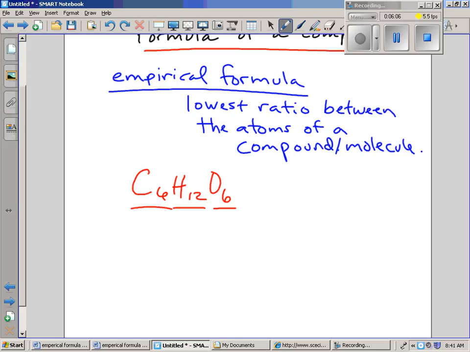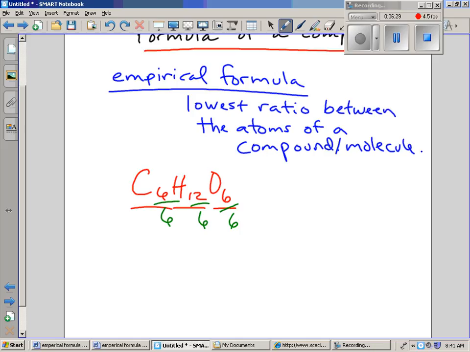Well, what I'm going to tell you is, is this the empirical formula for that molecule? Is that my lowest ratio? Or can that be reduced? C1, H2, O1. We can divide this all by 6.